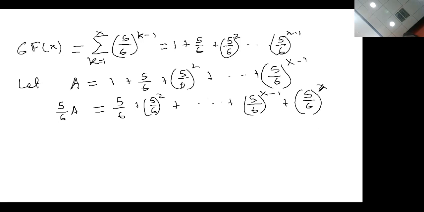Now I will do A minus 5/6 A. That is the first one minus the second. First expression A minus 5/6 A, which is 1/6 A. When I do that, you will see that 5/6 will cancel this, then this one will cancel this, then at the end, this will cancel this, because I'm doing the first row minus the second row.